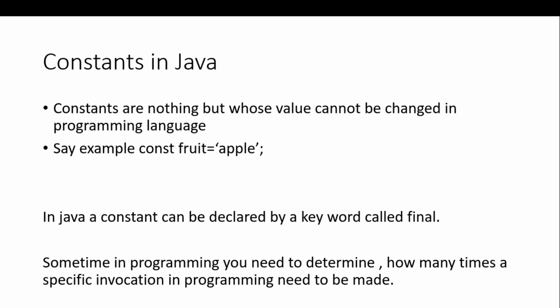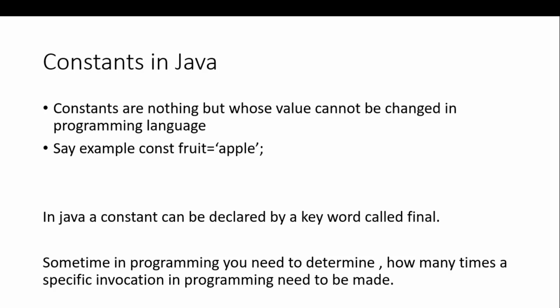As the word constant means, the situation of a particular thing won't change. In the same way in programming, a constant is nothing but the value of a variable or a certain thing which is not going to change in the programming language.